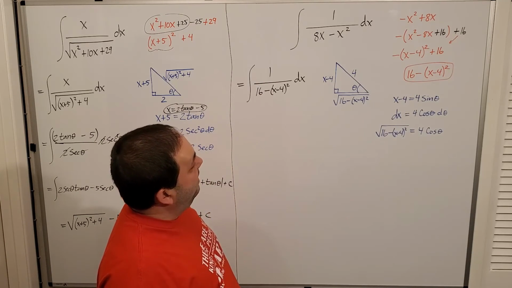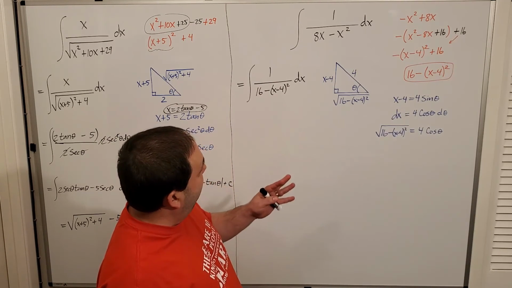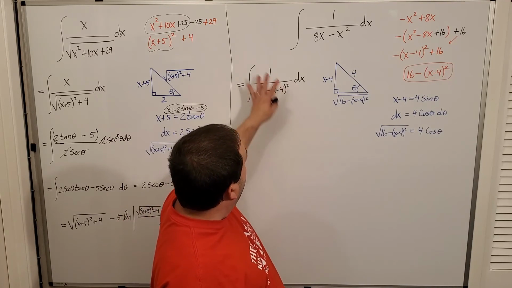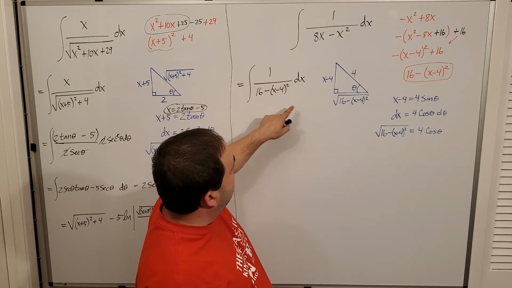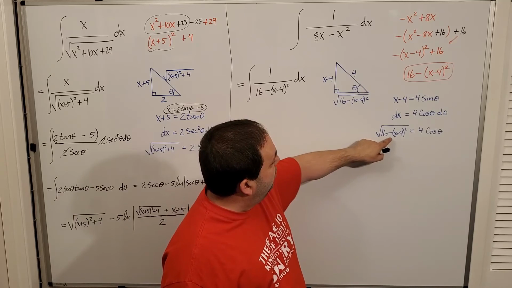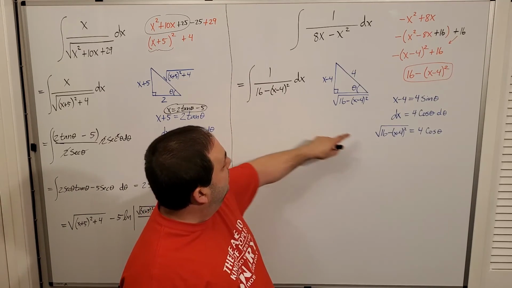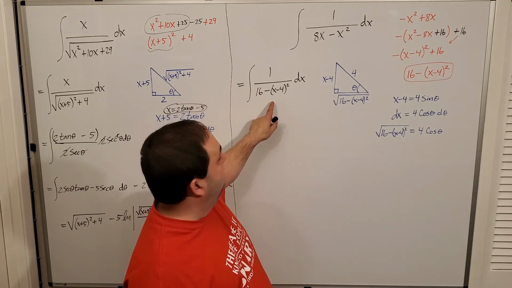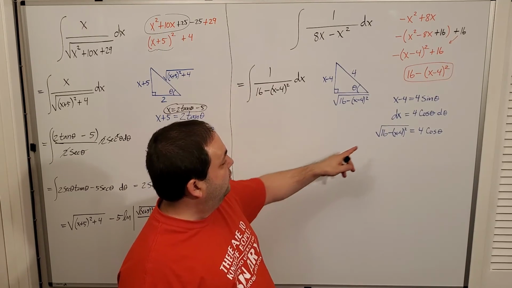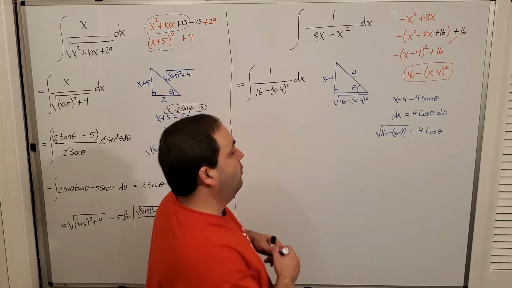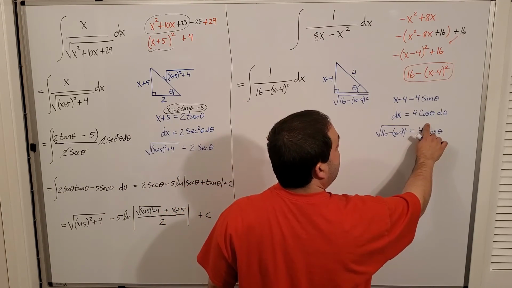So I don't have everything I need. I have almost everything I need. I have the dx. I don't have any free-floating x's. What I do have is this binomial right here, though, the 16 minus (x minus 4) squared. But I don't have the radical in the integral. So what I'm going to do is continue this one step further by squaring both sides.